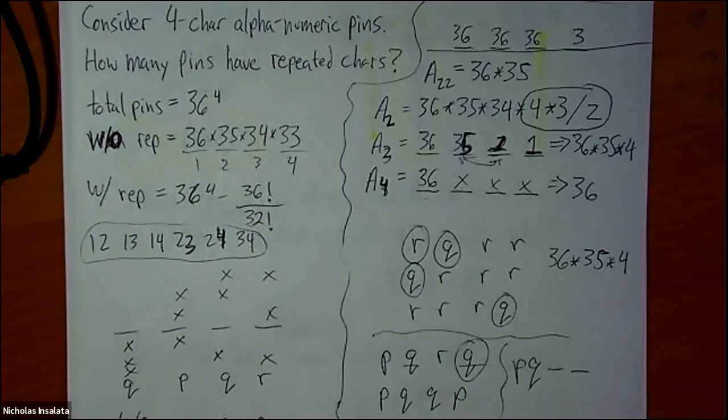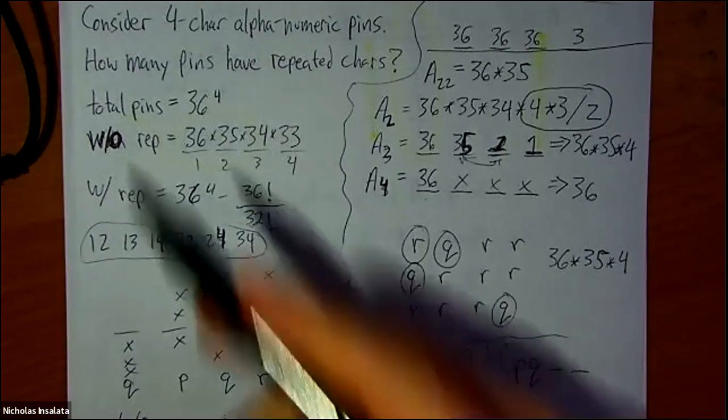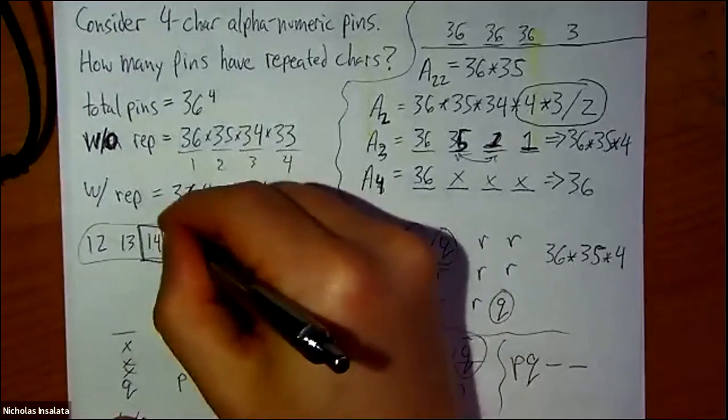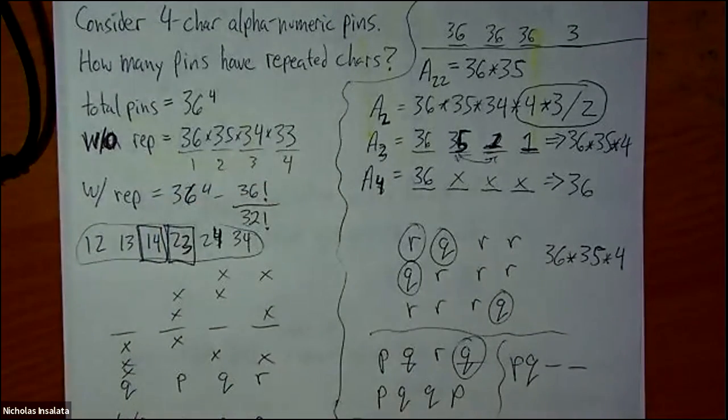I've double counted again. Can you see where? Is it because 2, 3 and 1, 4 are going to be the same thing? It just depends on which one we pick to be the inner ones and which one we pick to be the outer ones? Yep, exactly.